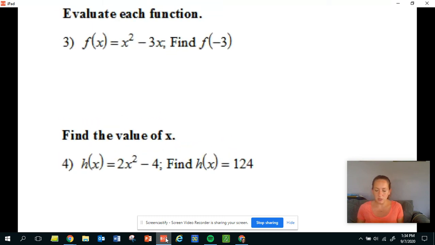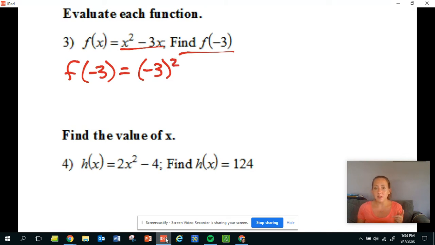If you are given something like this where it says f of -3, it means that they want you to actually plug in -3 for x. So in this case, be careful. There's more than one x. You have to put -3 in both of them. And again, please make sure that you put negatives in parentheses, especially when they're squared.